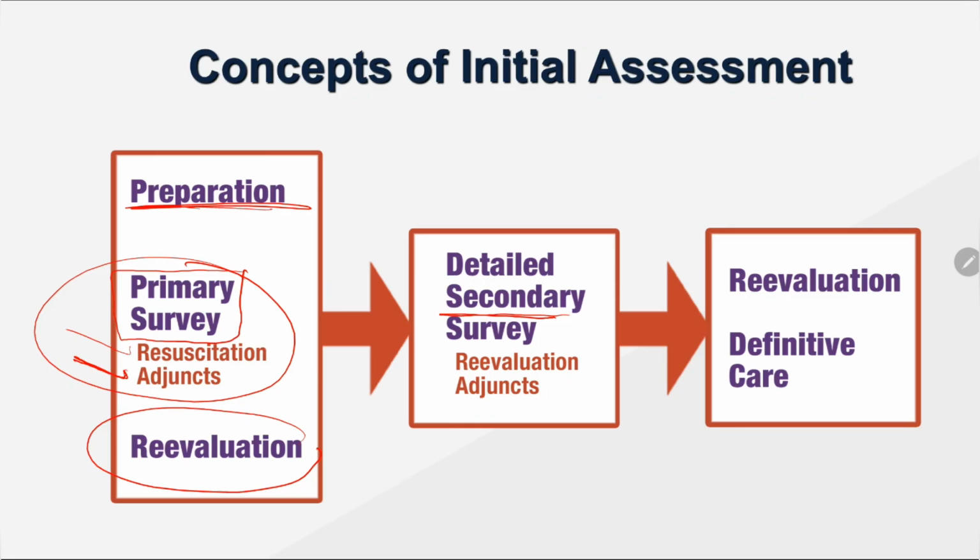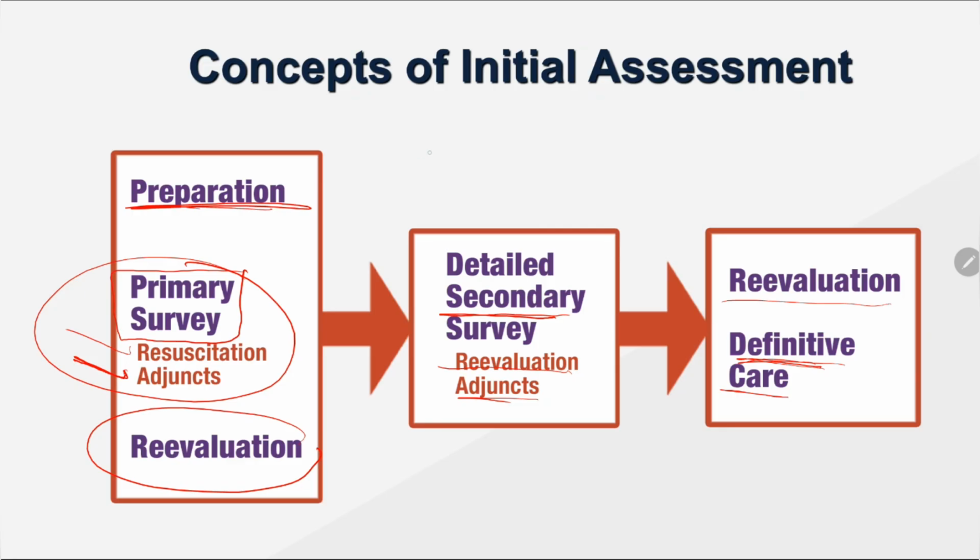You do more investigations like CT, then re-evaluate using some adjuncts. After that, if this is completed, comes re-evaluation, and then definitive care. The definitive care might be a surgical intervention or, for example, a back slab, something like that.